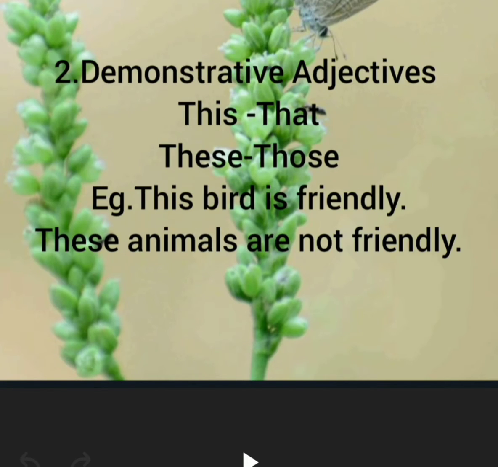The second one is demonstrative adjectives. They show the demonstration of where things sit, where things remain. For example, this, that. By using these demonstrative adjectives, we show where a thing is placed.